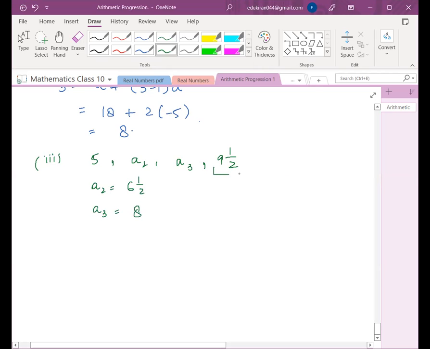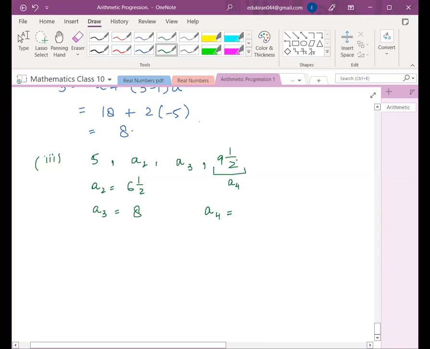So what was the equation you were getting here, Abdullah? When you are using the formula for the fourth term, A4, I did 9 plus half, which is equal to 18 plus 1 by 2, which is equal to 19 by 2.